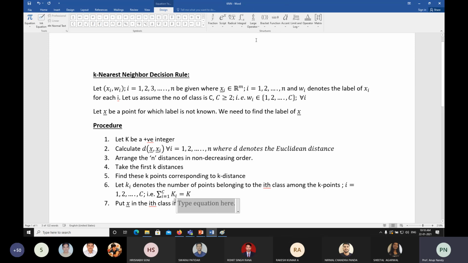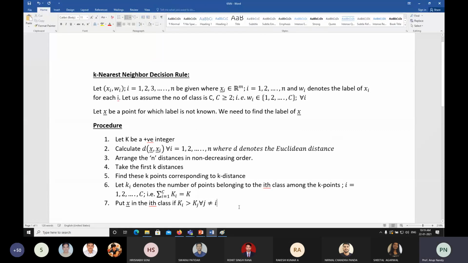We put X in the ith class if Ki is greater than or equal to Kj for all j not equal to i. Okay.